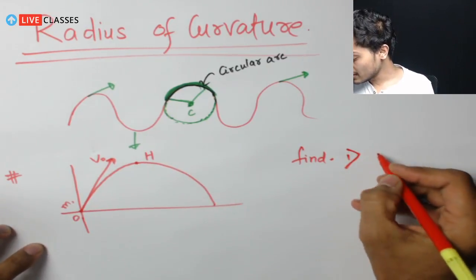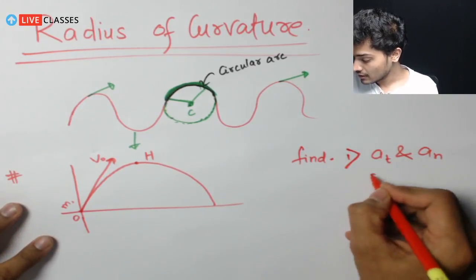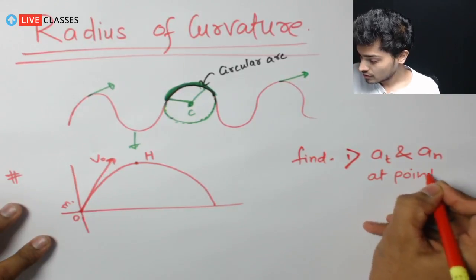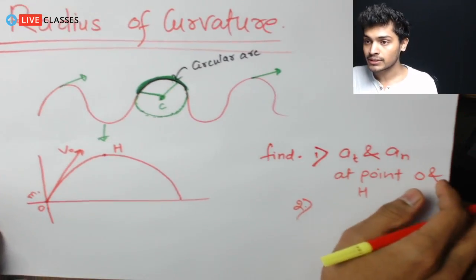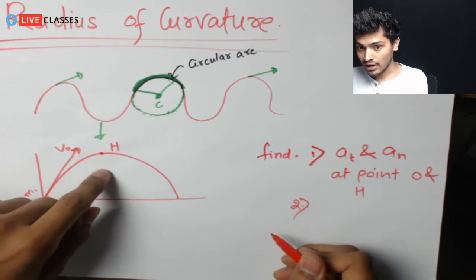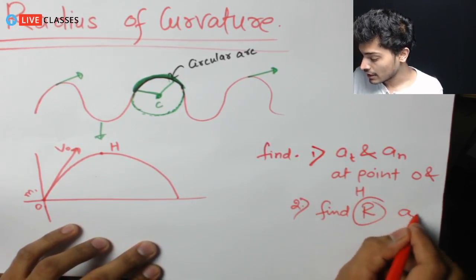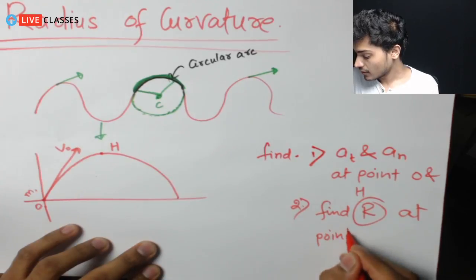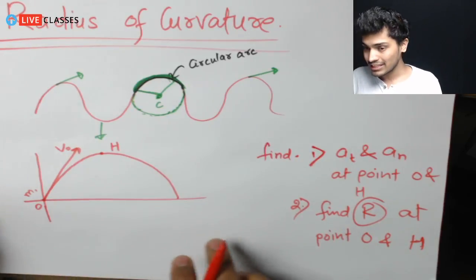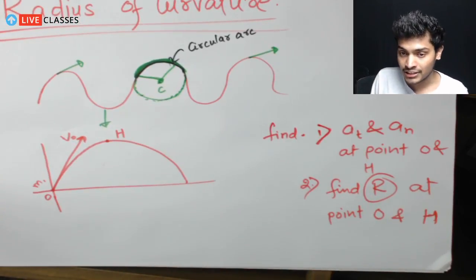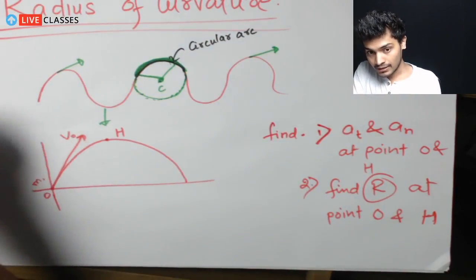First, find the tangential acceleration and normal acceleration at points O and H, and after that find the radius of curvature at points O and H. So first, let's find the tangential as well as radial acceleration at these two points.